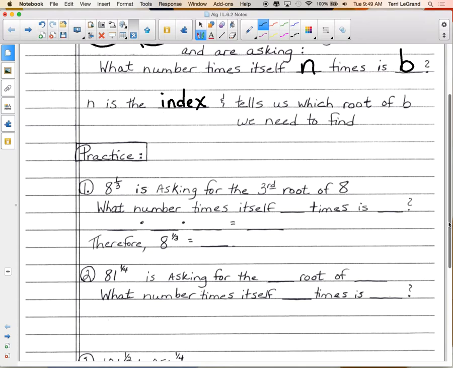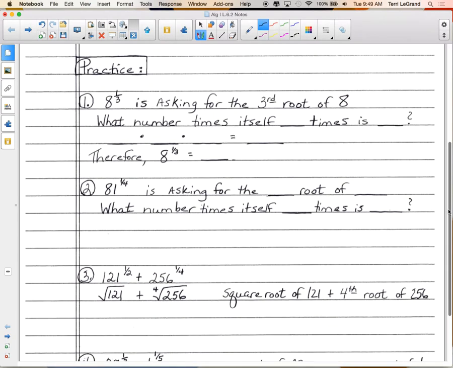So let's just start practicing here. If we have 8 to the 1/3 power, that's really asking us, because another way to write that would be like this. You could do this over in the margin. Another way to write this would be the 3rd root of 8. So 8 to the 1/3 power, the 3rd root of 8, is just asking us for that 3rd root of 8.